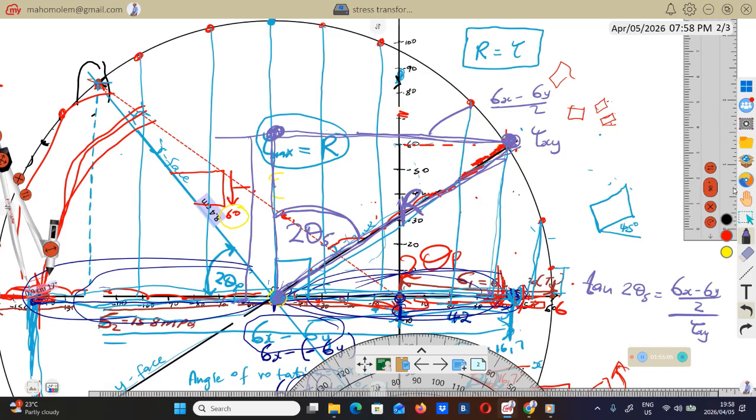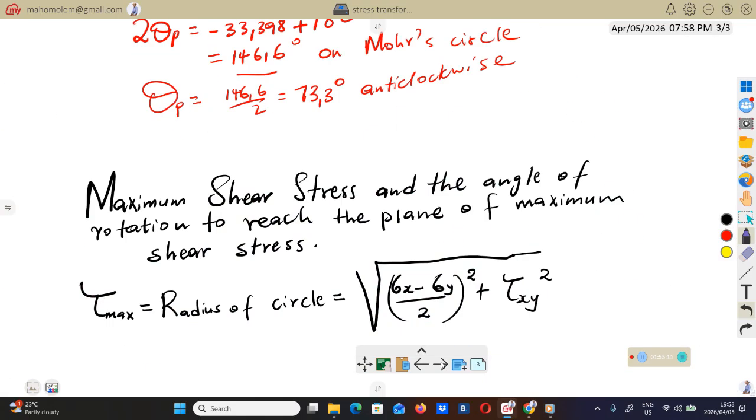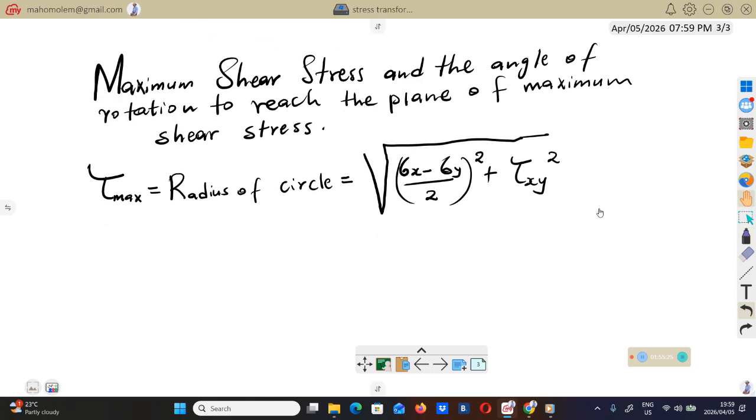When you simplify this, oh, I didn't write that formula down. Okay, anyway, when you simplify that, you will get this.